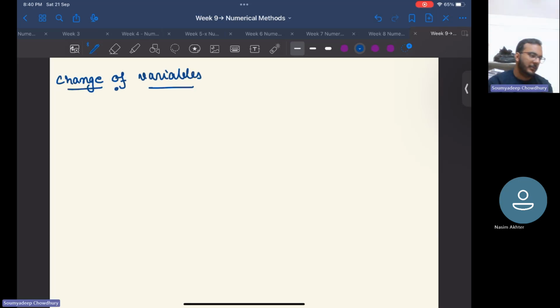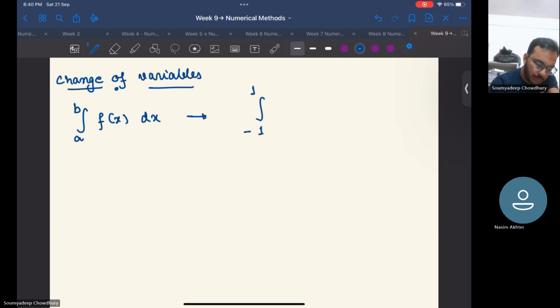So how do we change the variable? Suppose you have your integral from a to b of f of x dx. This you have to change to the integral from -1 to 1 of some function of y, dy. So you have to find out your y here.